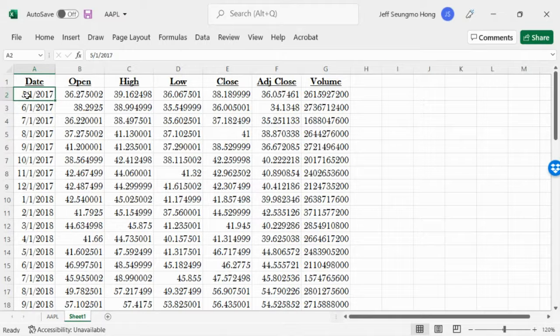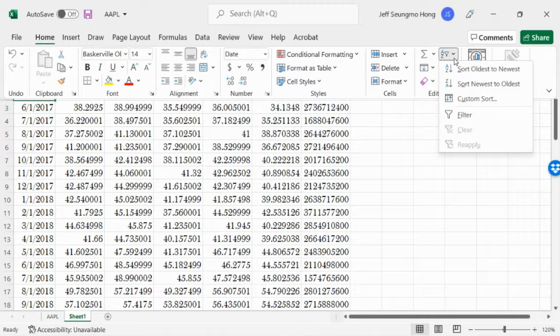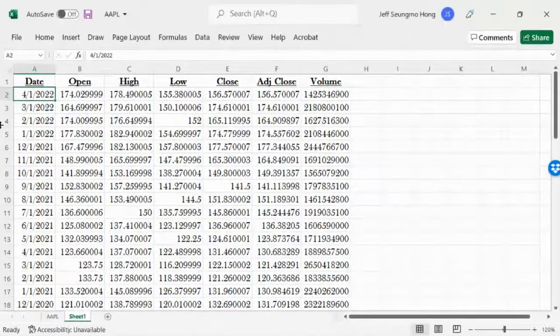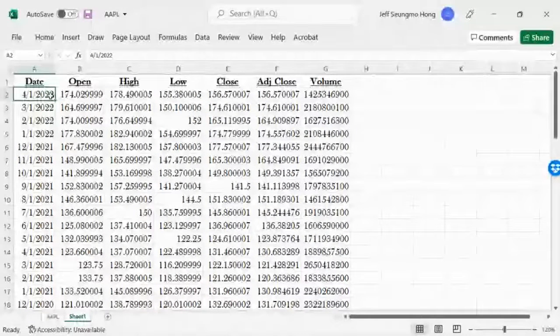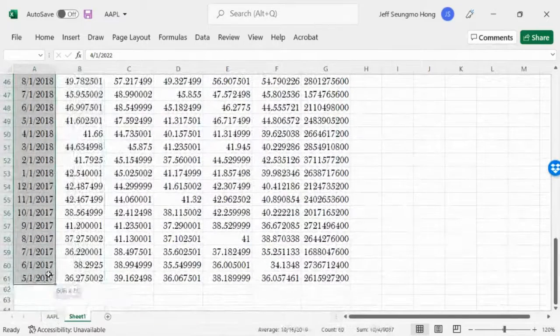So I'm going to select this calendar date cell and go to home and sort newest to oldest, or sort in descending order. That's descending order. The other one is ascending order. Once you have done that, everything is now in descending order, from the latest to the oldest, okay?